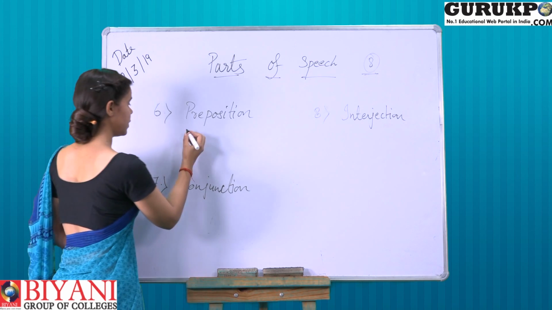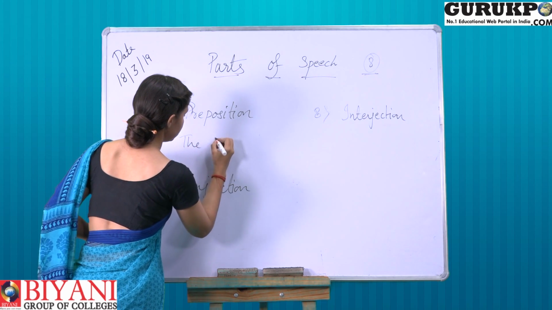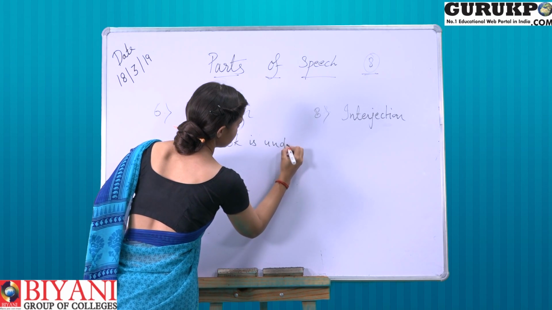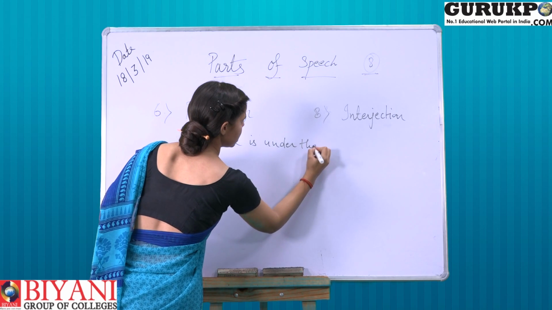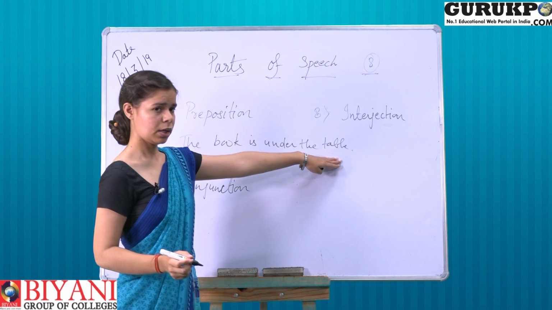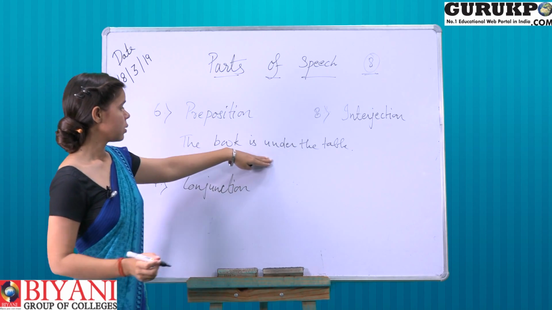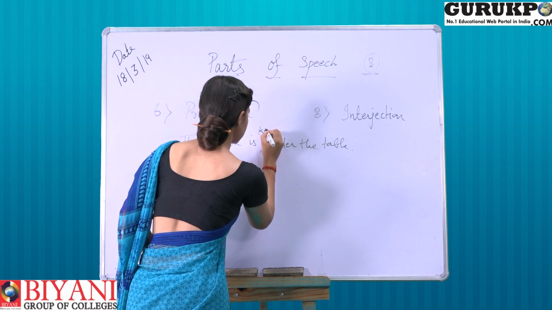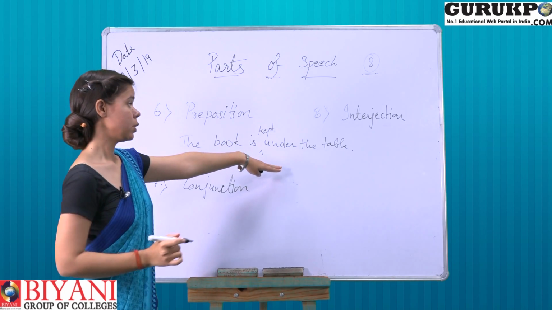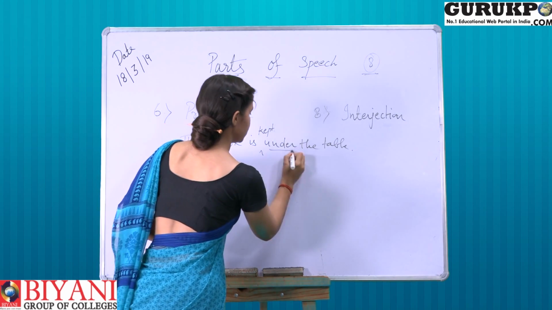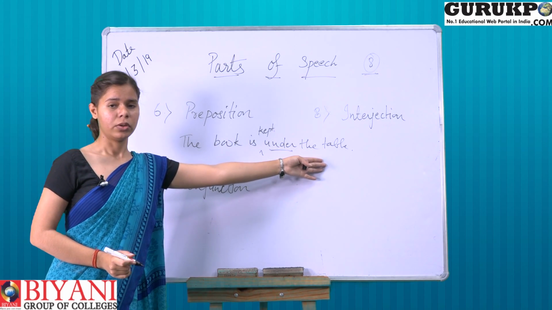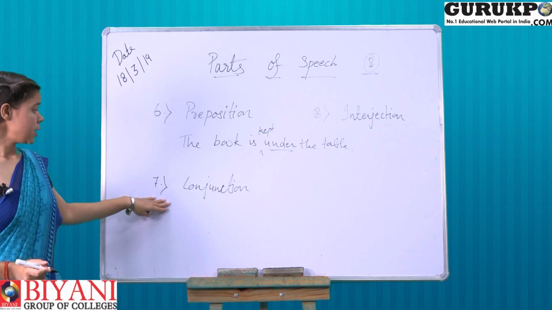For example, in this sentence, the book is kept under the table. Here table is a noun, right? So here the word under is a preposition, right? It is placed before the noun table.